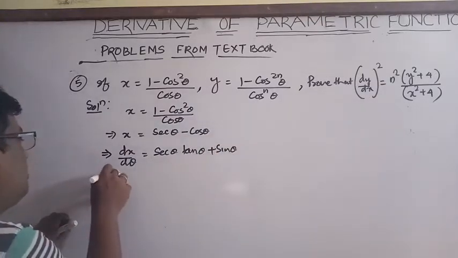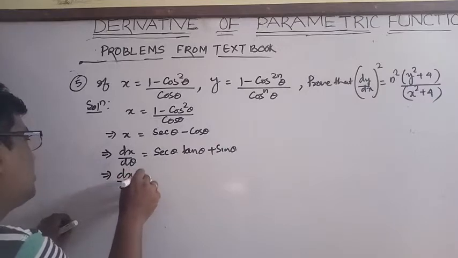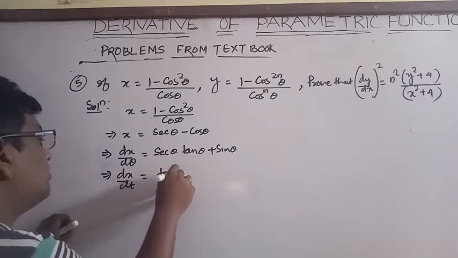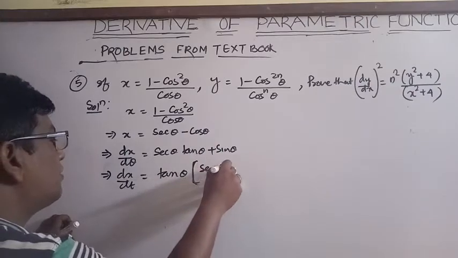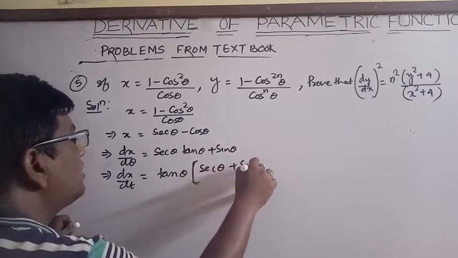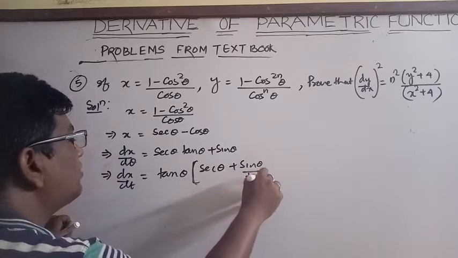That is dx by d theta. Take tan theta common here. So this is what? Sec theta, and this is sin theta by tan theta. Clear?